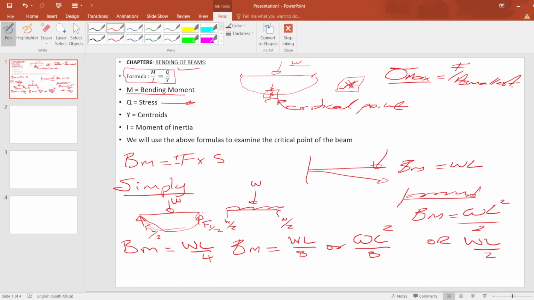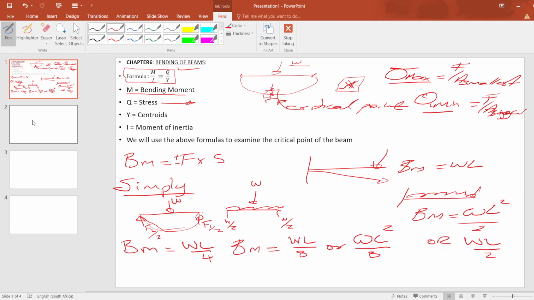Then the minimum stress will obviously be from the bigger area. It will be force over area, but it will be the bigger area.